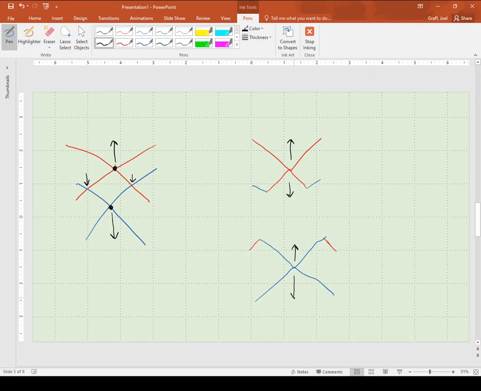I'm leaving out lots of detail here. Hopefully this is all making sense. And you end up with, so this is actually looking a lot like my previous. Whoa, that drawing got a little bit off. Let me try that again.